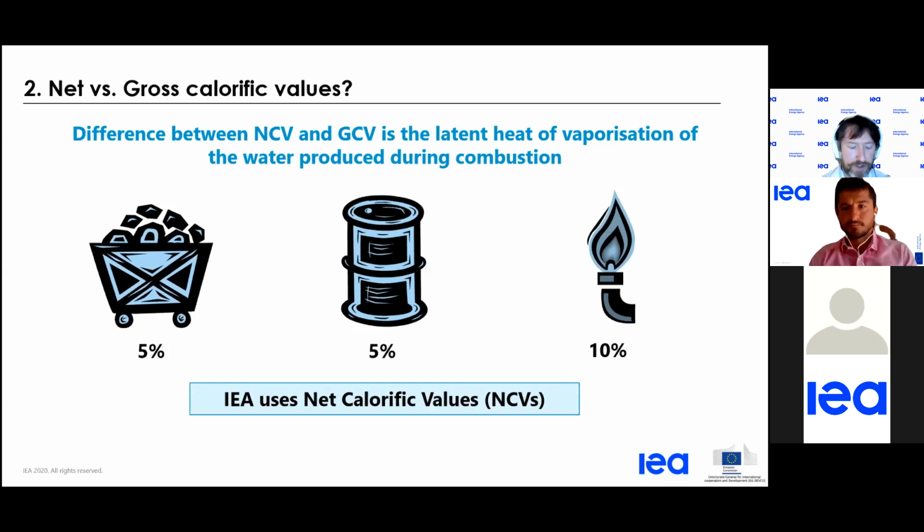Now, some countries do use gross calorific values in their balances, but here at the IEA and in the United Nations Statistics Office and in the statistics offices of the European Community, Eurostat, we all use net calorific values. The choice doesn't matter too much, but it's good to be aware. If you're comparing different balances, you have to really know which choice is being used.